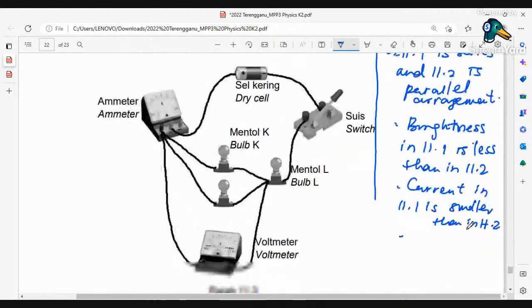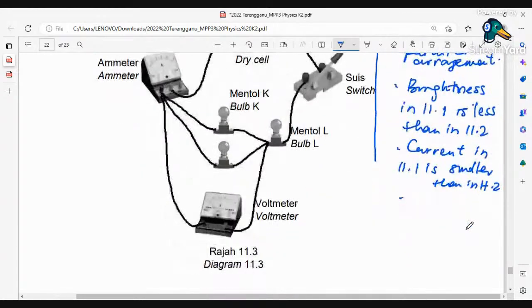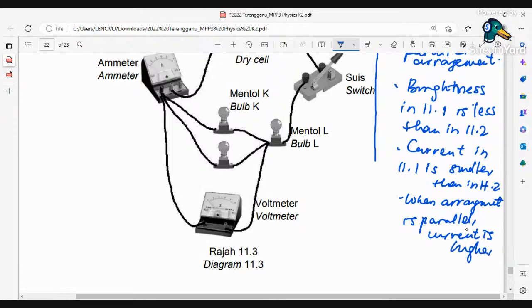Okay, now you want to relate. When the arrangement is parallel, current is higher. As we know, current and resistance are inversely proportional.